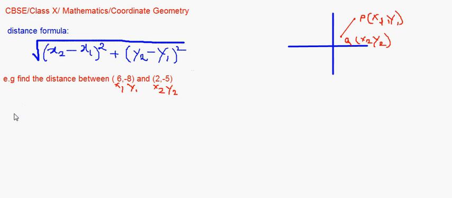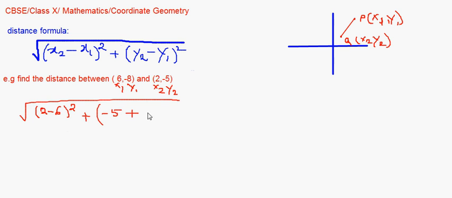Here, as I apply the formula, it can be written as x2 being 2 minus 6 whole square plus y2 being minus 5, and then minus of minus 8 will give me a plus 8, whole square. So this is giving me a minus 4 whole square plus a 3 whole square.